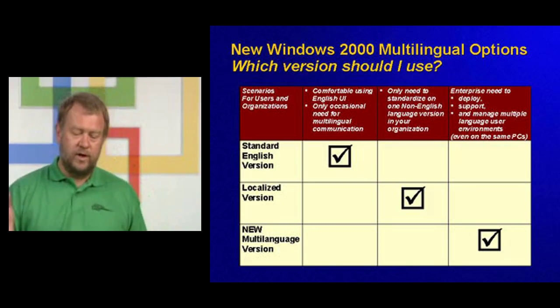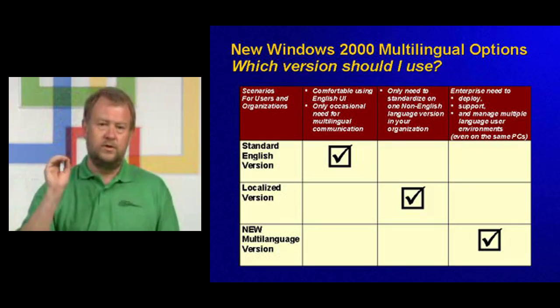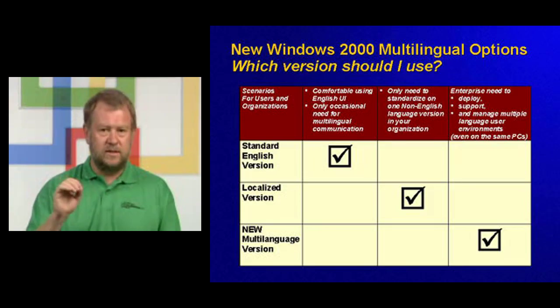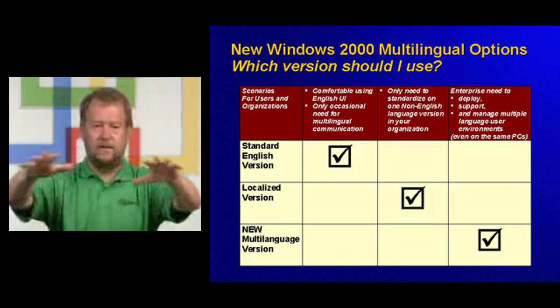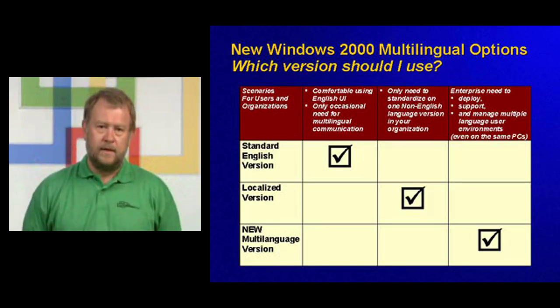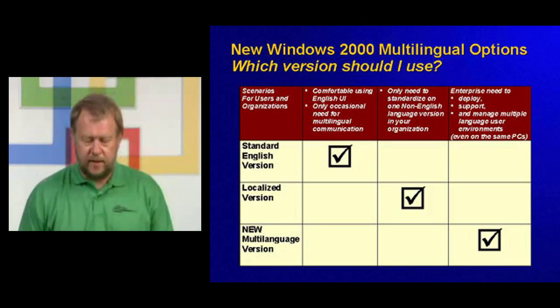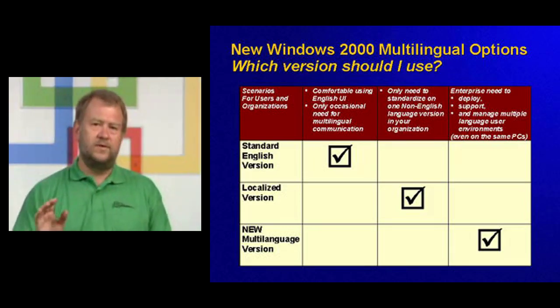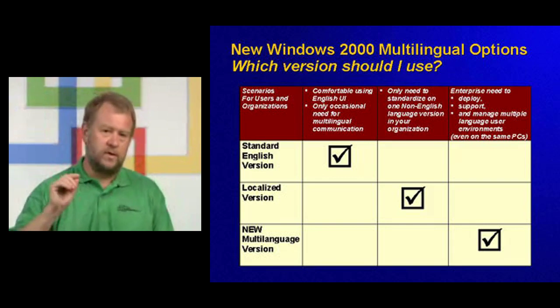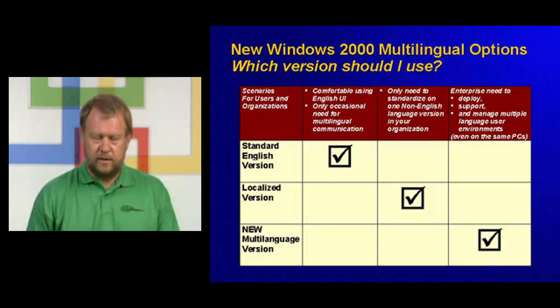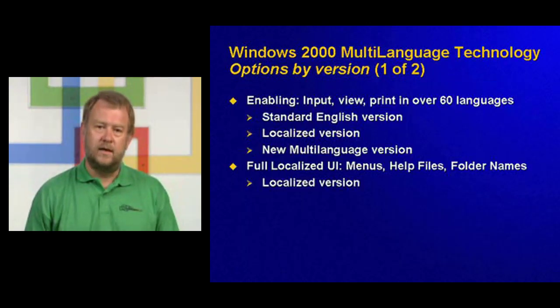If you're in a situation where you need multiple user interface languages within the same system or within a domain, for example, you might want to consider the multi-language version in that case, because the multi-language version really counts as one localized version, and it works with other copies of itself the best, and it doesn't really act like a heterogeneous environment in that case.